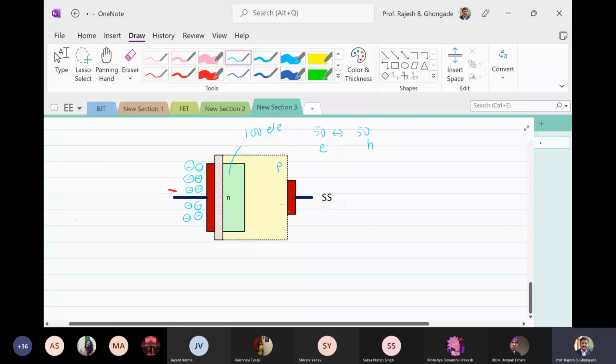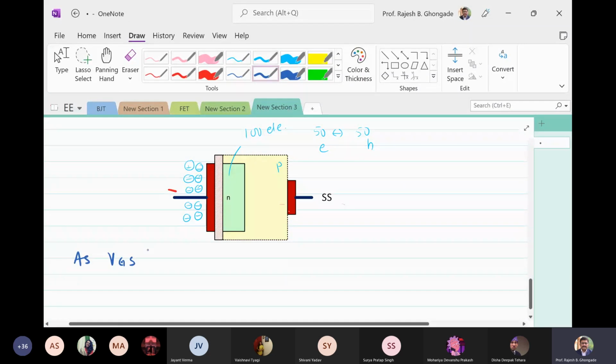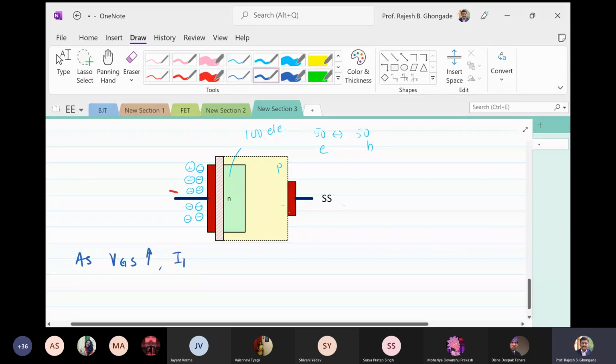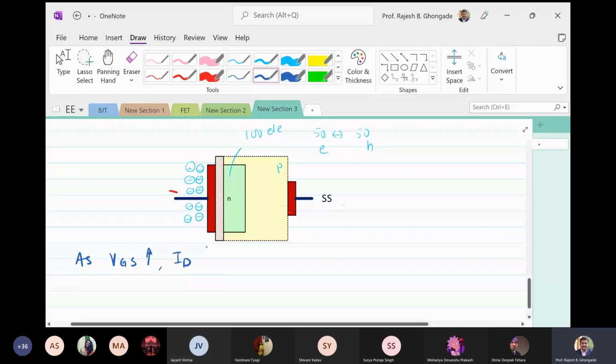So therefore, as VGS increases, remember increases means negative direction, what will happen to the drain current? Yes, sir, it will reduce. Absolutely, it will reduce. Why?